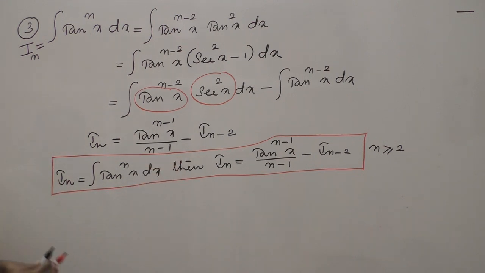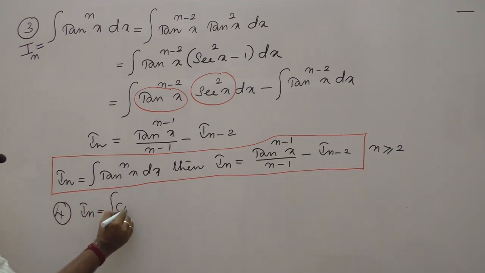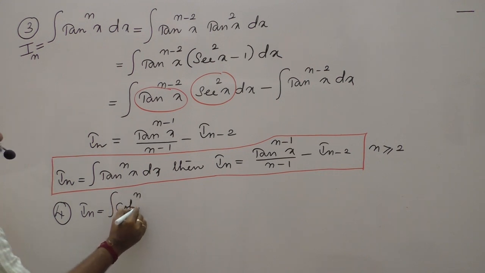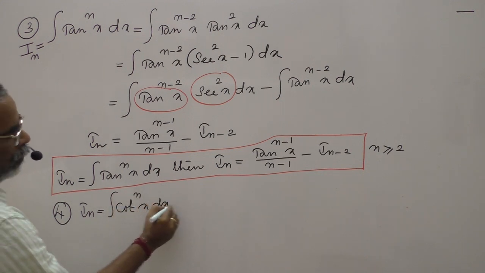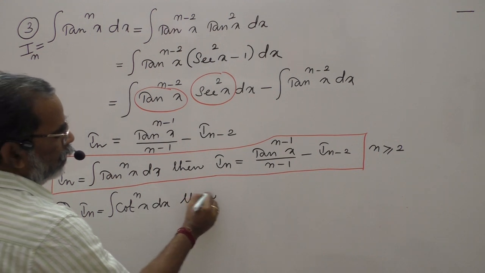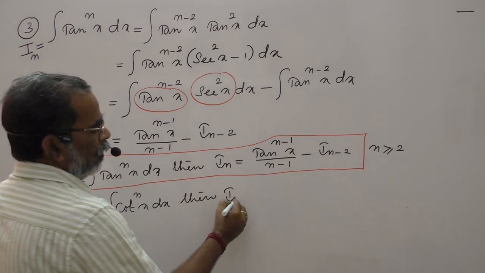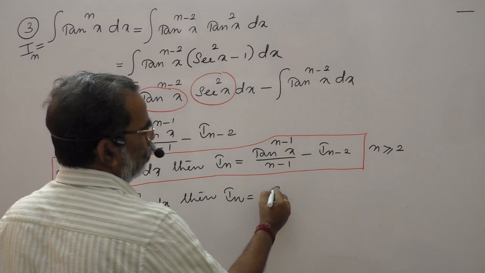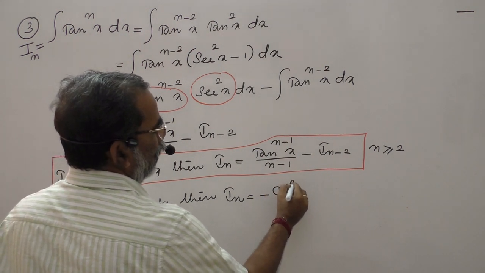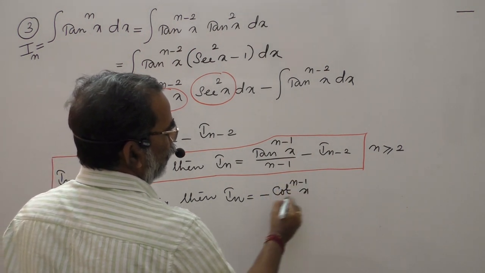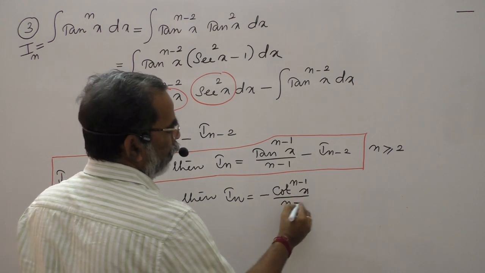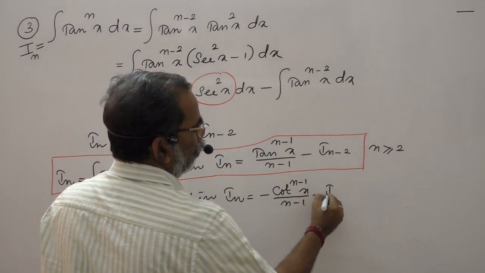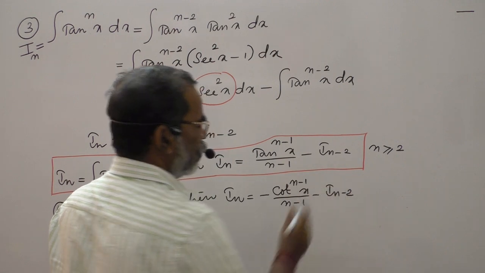Similarly, in the same way, you can take the fourth one: reduction for cot. If I n is equal to integral cot power n x dx, then what will be its reduction? For this, I n is equal to minus of cot power n minus 1 x divided by n minus 1 minus I n minus 2.